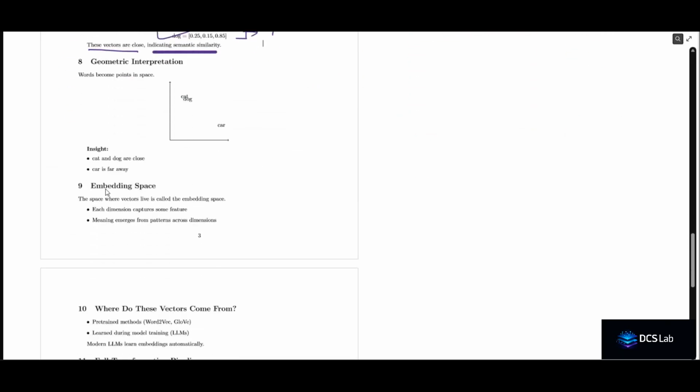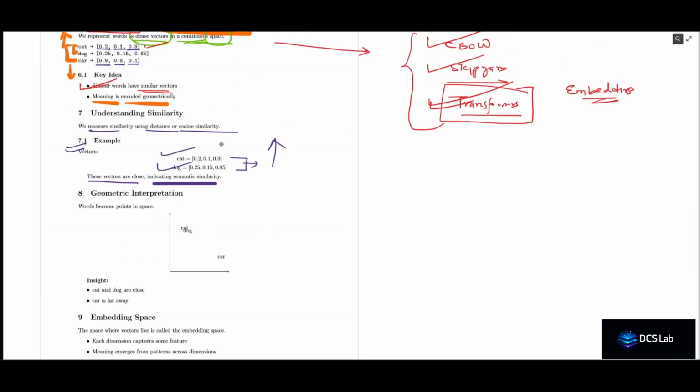How is this a geometric representation? If you plot them in a vector space, for the sake of simplicity, this is three-dimensional. You're representing a cat with points in a three-dimensional plane, and a dog with points in a three-dimensional plane. It means the dimension size here is 3. If you visualize this in 3 dimensions, although right now it is visualized in 2, the cat and the dog will lie very close to each other, while car will be somewhere way apart, at a good distance, because cat and dog belong to the group animal.